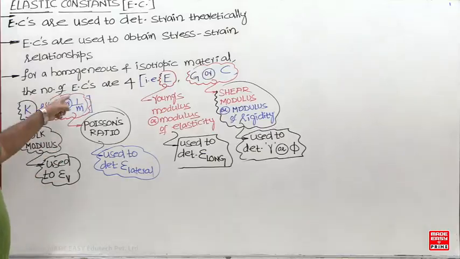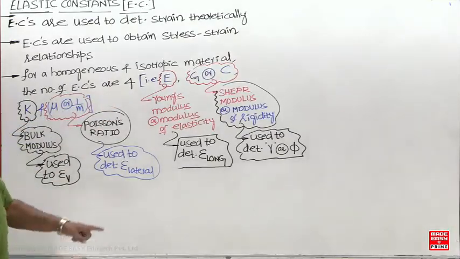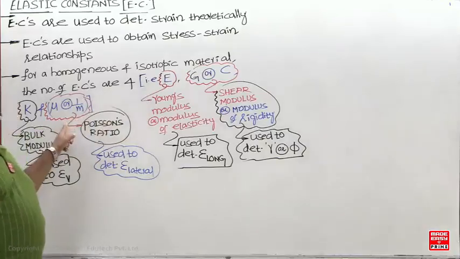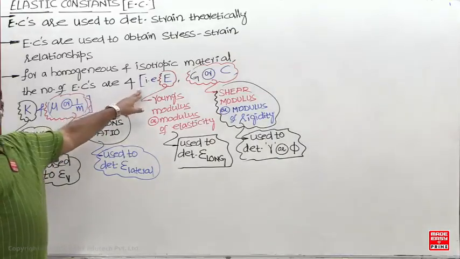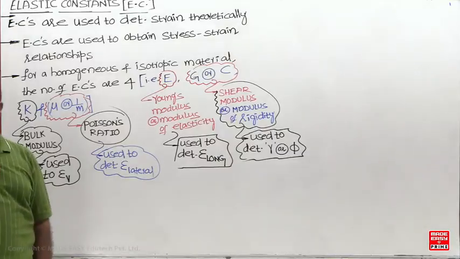So the number of elastic constants is 4, but the independent elastic constants are only 2, E and mu. For every material we know Young's modulus, because the tension test is conducted for every material.